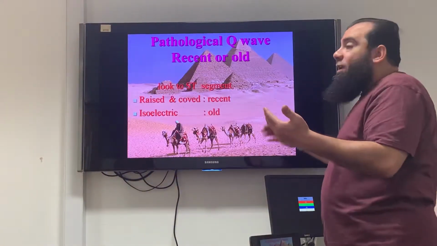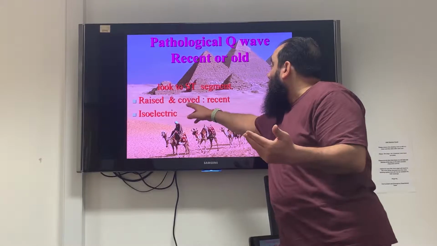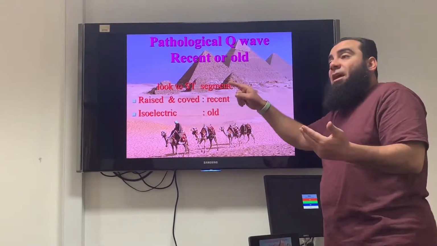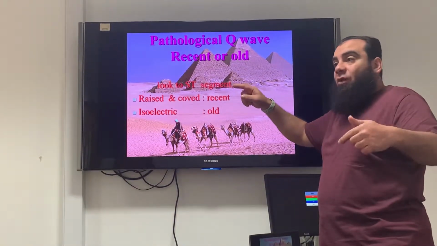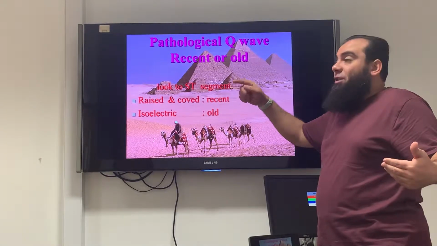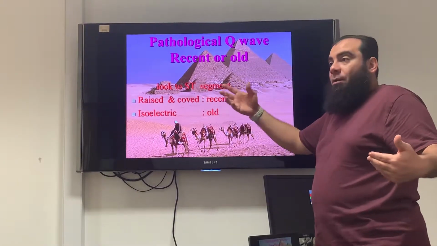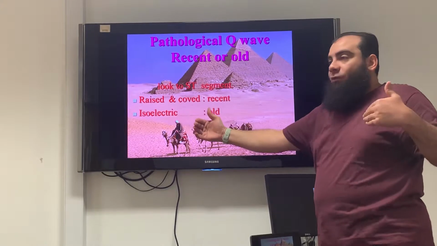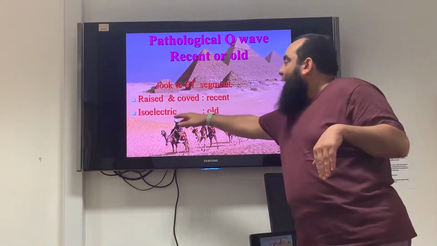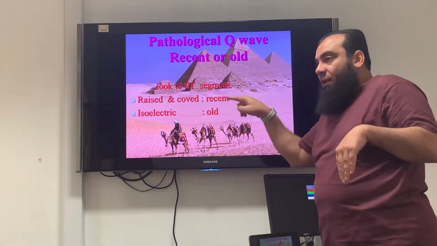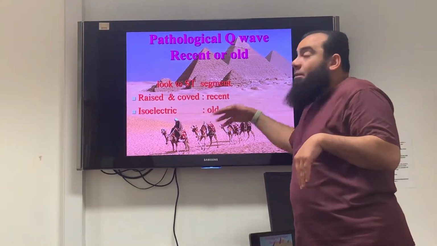So if we can see a raised and curved ST segment after the complex, it means the Q wave is just a recent one, and that patient has a new MI, but maybe beyond the time of thrombolysis. If the ST segment is isoelectrical, meaning it's not elevated, it means an old MI.